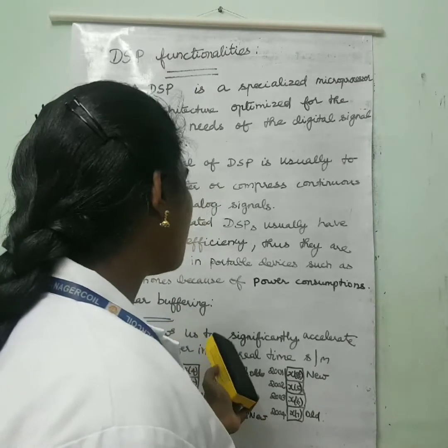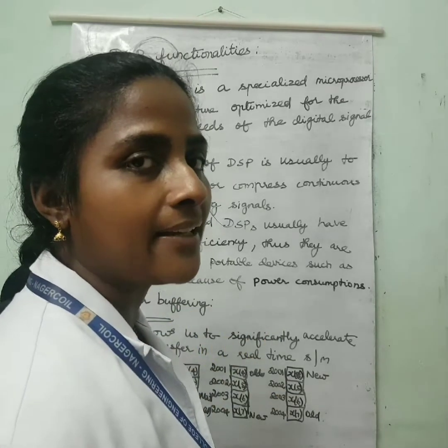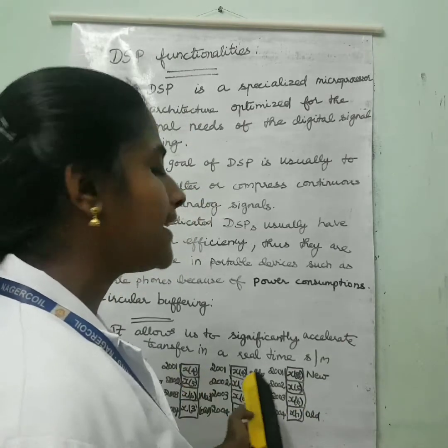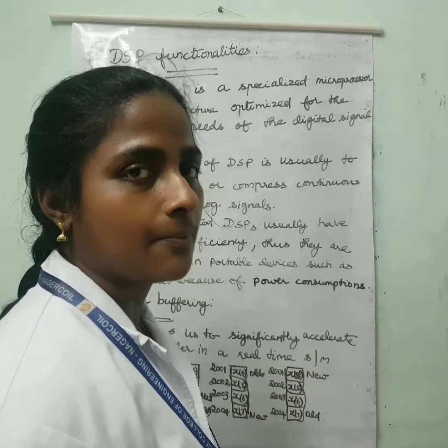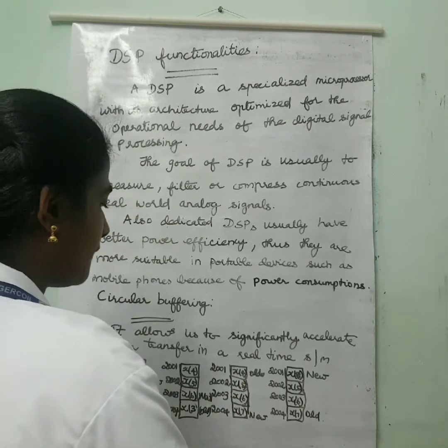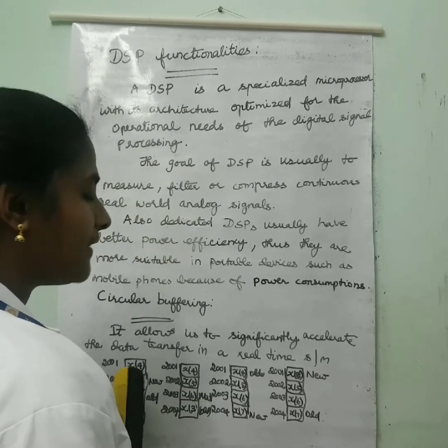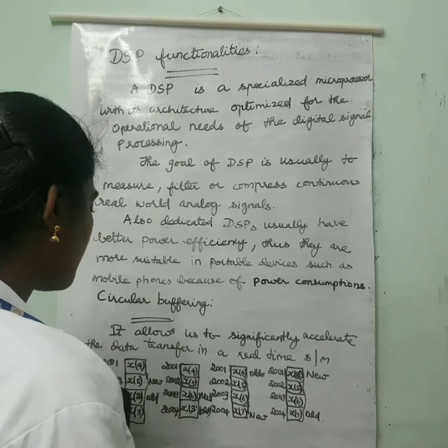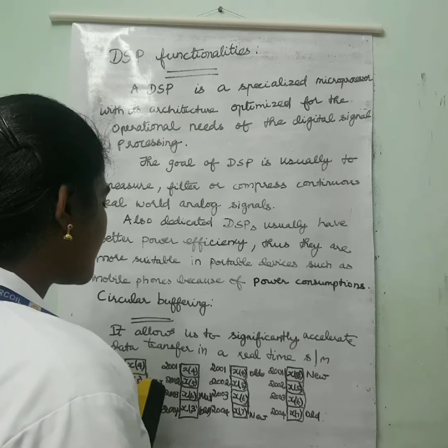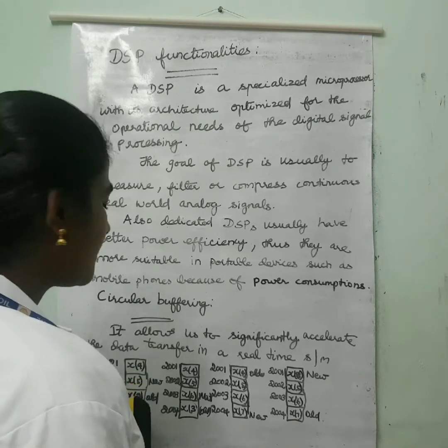Circular buffering allows us to significantly accelerate the data transfer in a real-time system. For example, take this buffer. In the first stage we have x of 4, x of 5, x of 2, x of 3. Here the new element is x of 5 and the old element is x of 2.